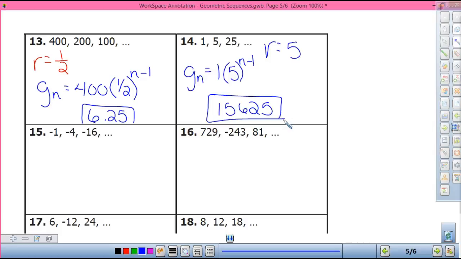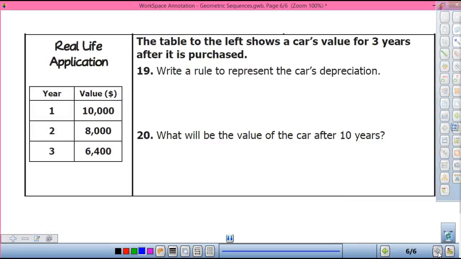Okay, are you good with those, or should we do a couple more? Okay, all right. Last one then, before I let you work, is this guy. When you're talking real life application, I would make your ratio a decimal.